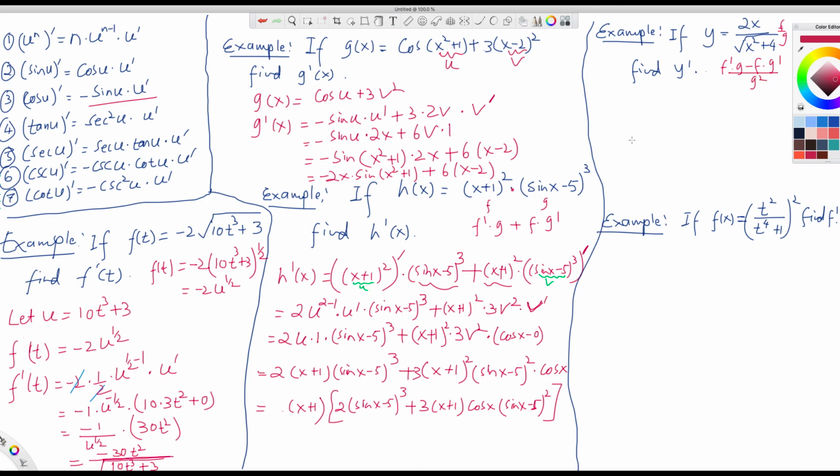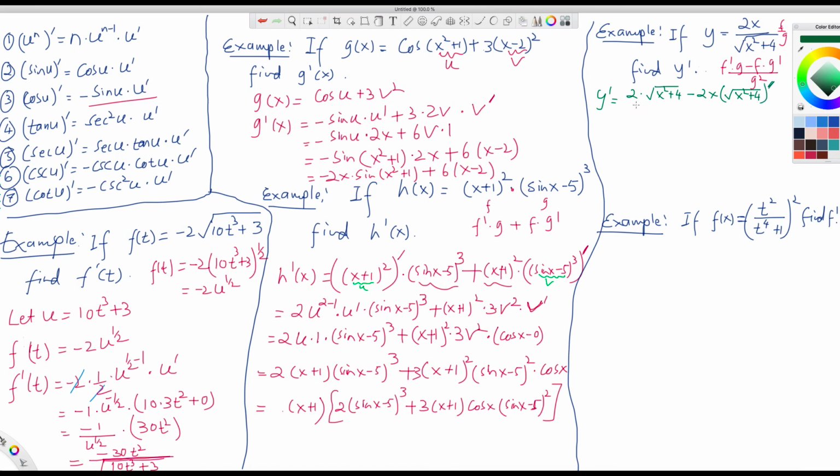Let me use that. So what is y prime? So the y prime is equal to f prime is 2, the derivative of 2x is 2, times g is root x squared plus 4, minus f is 2x times g prime is root x squared plus 4 prime.